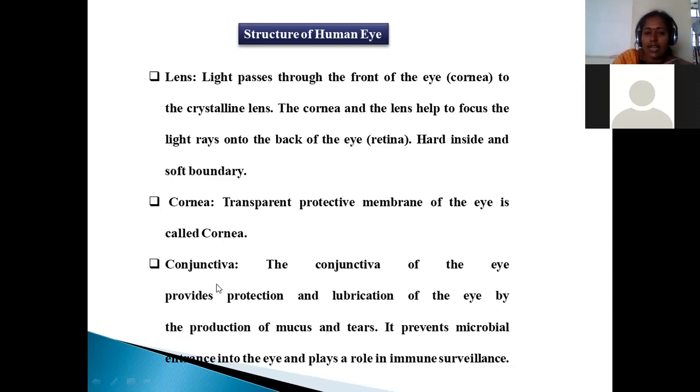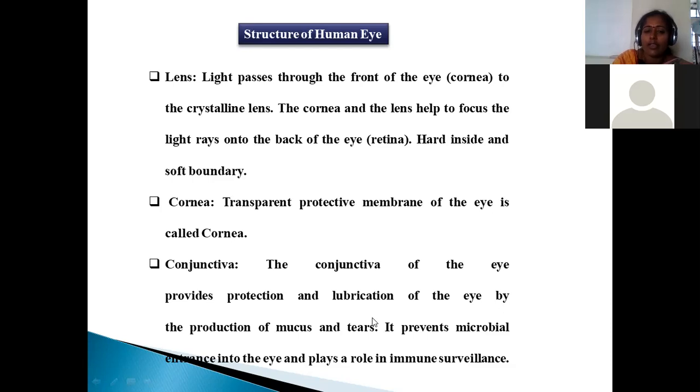And the next part of the eye is the conjunctiva. The conjunctiva provides protection and lubrication. The lacrimal glands secrete tears and mucus, which protect the eye, and the lubrication property is there. Even microorganisms entering the eye can be destroyed by the conjunctiva because of its immune surveillance power.